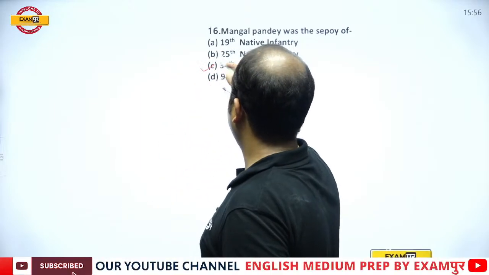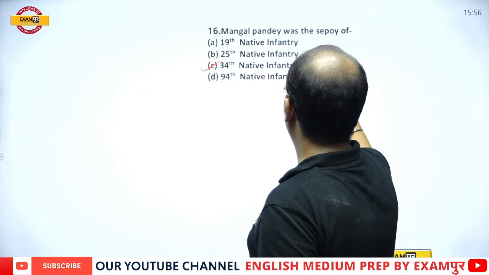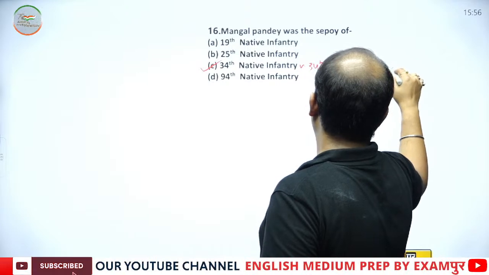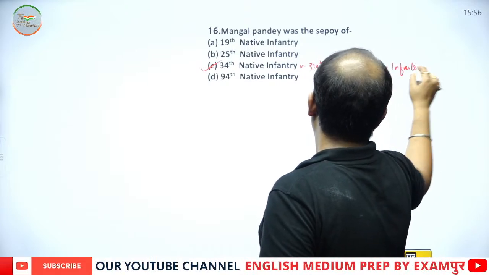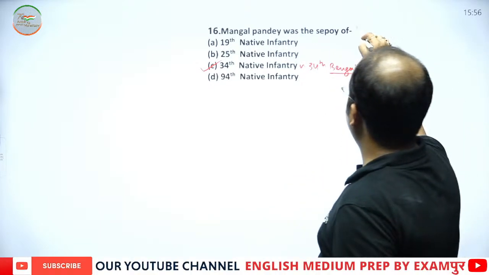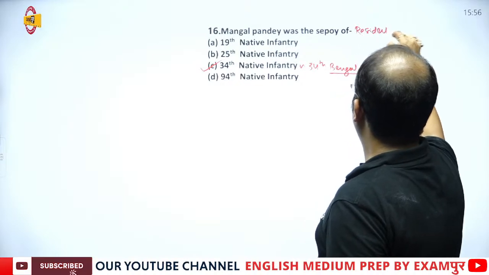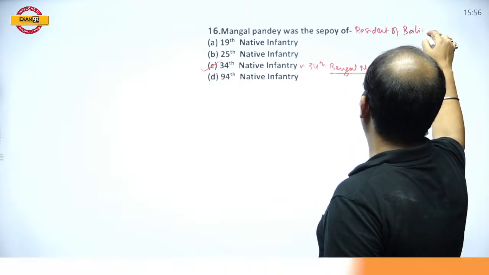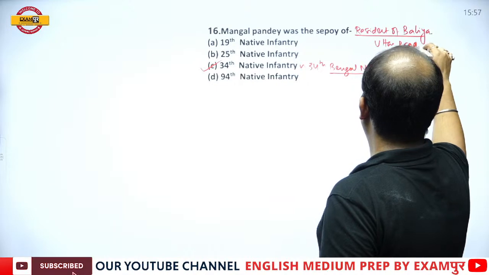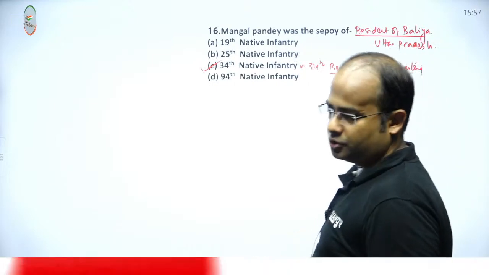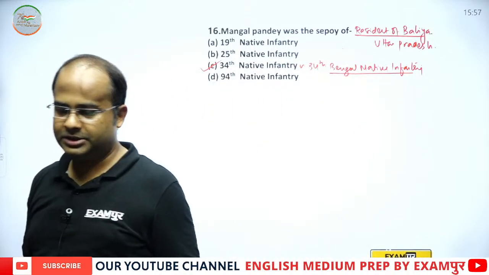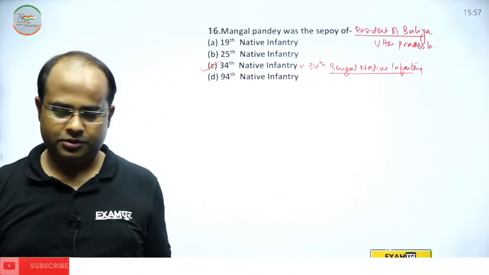The correct answer is 34 Bengal Native Infantry, and he was a resident of Ballia in Uttar Pradesh. So the correct answer will be option C.